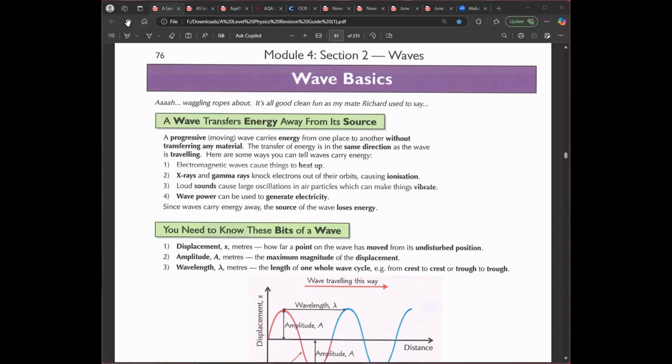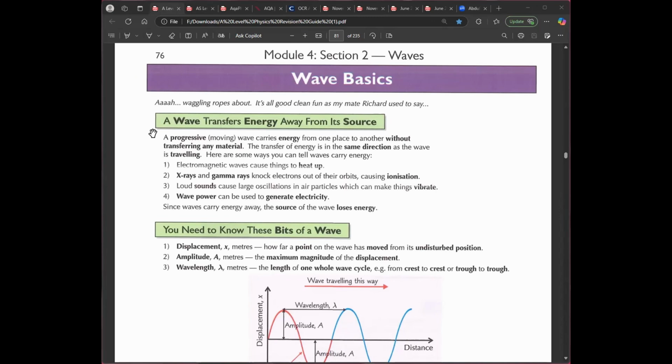So we have waves. Waves are how energy is transferred from one place to another. What happens in waves is that the particles themselves just vibrate at their own position. It's only the energy that is transferred to the adjacent particles.